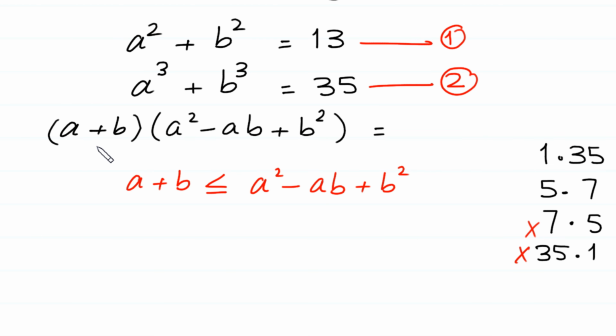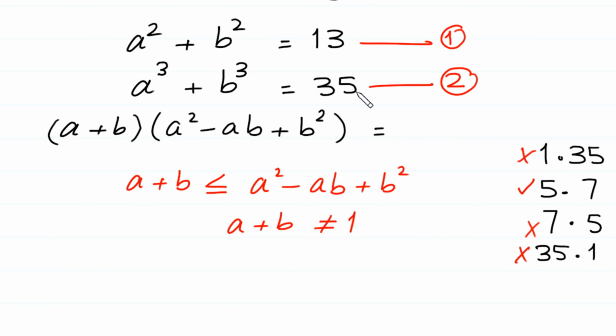And if a and b are two positive integers, then a plus b cannot be equal to 1. So we reject this case also, 1 times 35, because a plus b cannot be equal to 1. The only case left is 5 times 7.